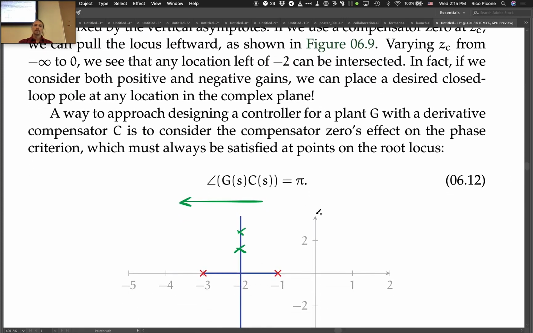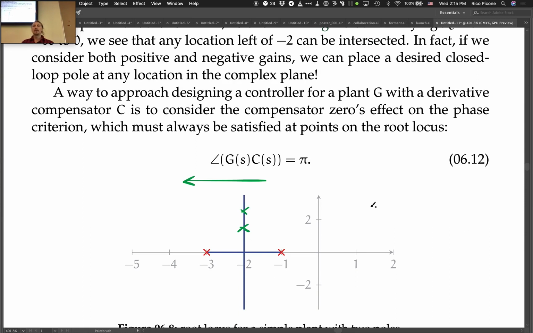A way to approach designing a controller for a plant G with a derivative compensator C is to consider the compensator zero's effect on the phase criterion. Remember, the phase criterion tells us one of the two criteria that we have for when we have locus, right? So the phase criterion can be used here.